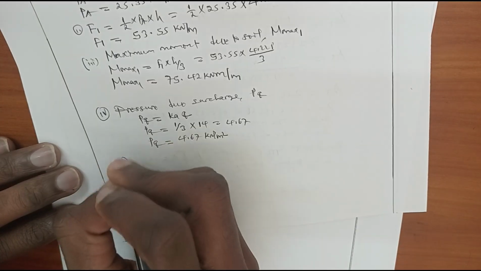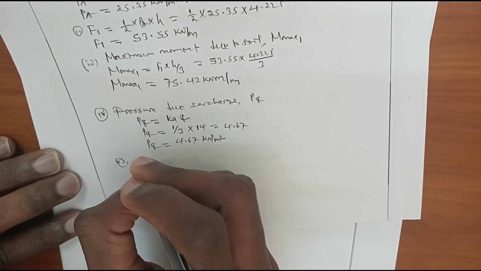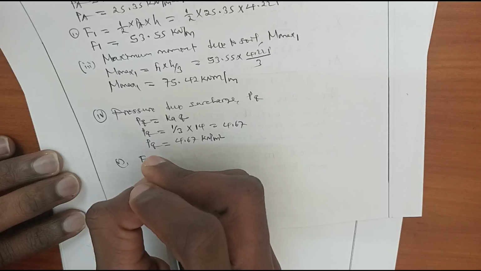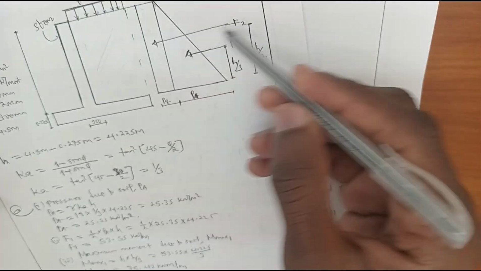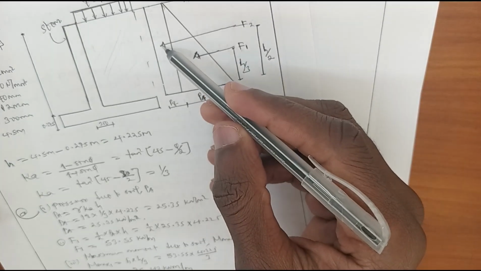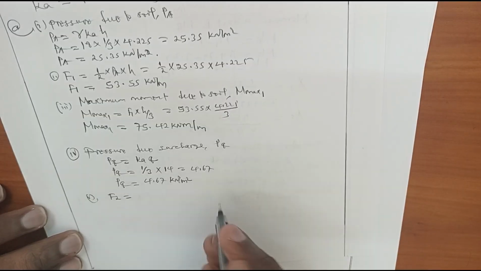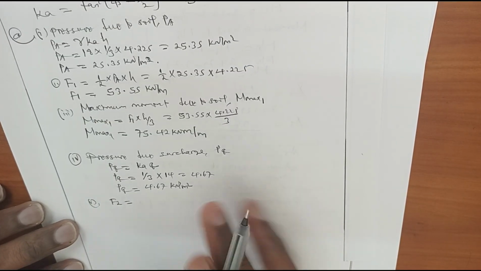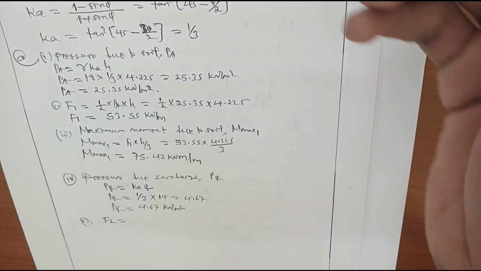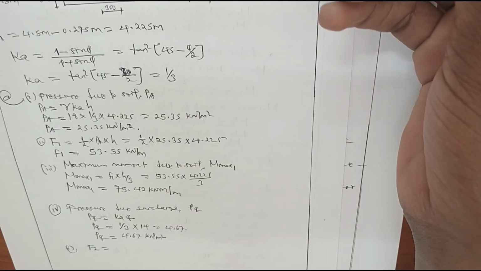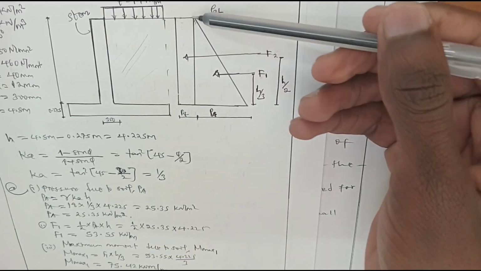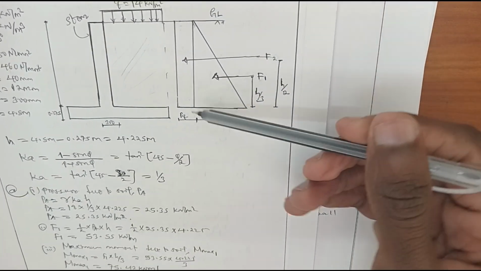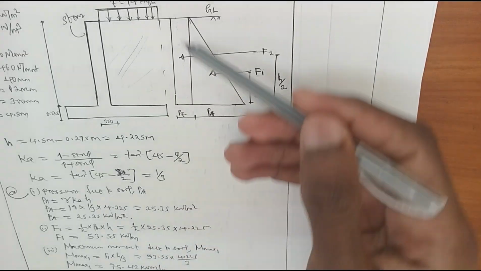After that, we're going to determine the horizontal force due to surcharge. Let's say this is force 2. This is the horizontal force due to surcharge, which acts on this pressure diagram of surcharge. So this horizontal force is normally obtained by taking the area caused by the surcharge. This is rectangular in shape, so its area is taken by taking the width times h of the stem.